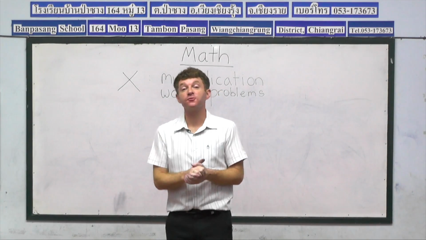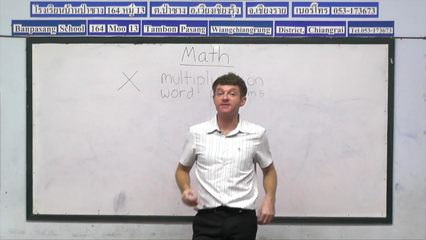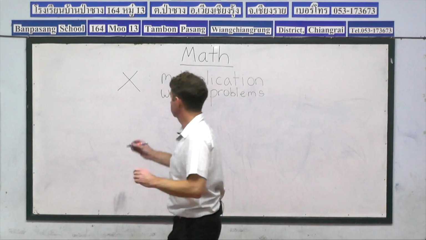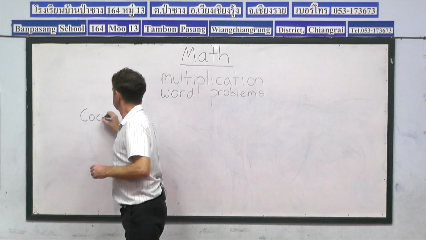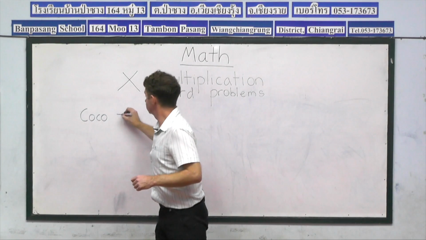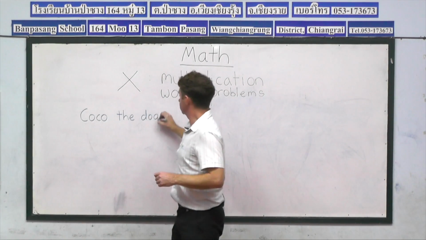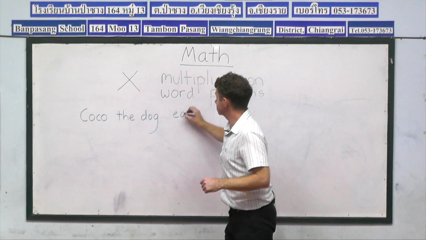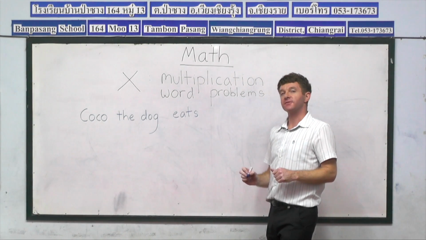Now we'll practice one more multiplication word problem before the worksheet activity. So now, guys, we need another word problem. Coco the dog eats how many biscuits?